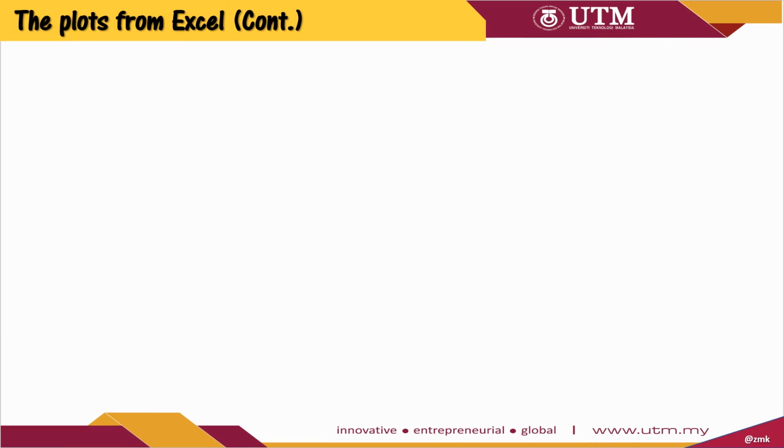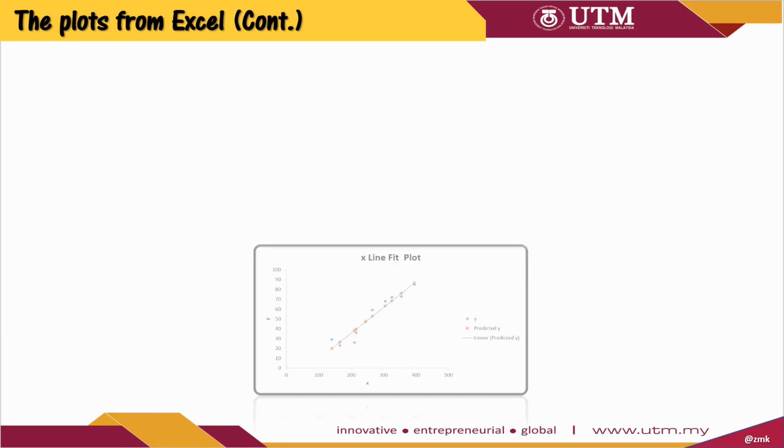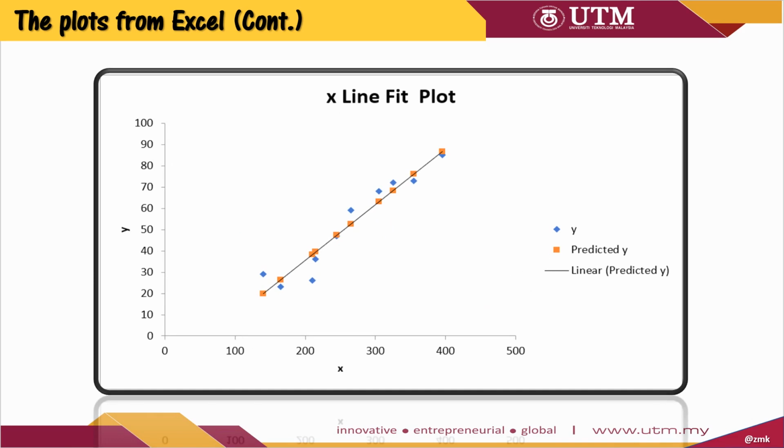From Excel, you can also obtain the scatter diagram with plotted observed and predicted y values, as shown in the following line fit plot, where the blue dotted points are the observed y values, whereas the orange dotted points are the predicted or estimated y values.